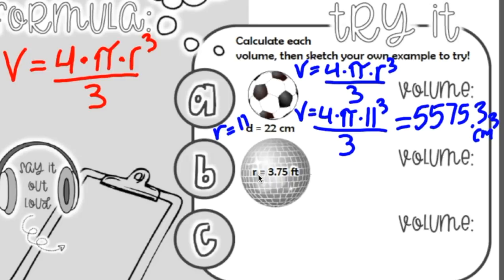So your radius is 3.75 feet. Let's go ahead and plug that into our equation. So I'll remind you that all we're doing is we are plugging in our radius into our formula. Everything else is given to you. Everything else, all the other numbers to multiply are given to you. So let's put that into our calculator.